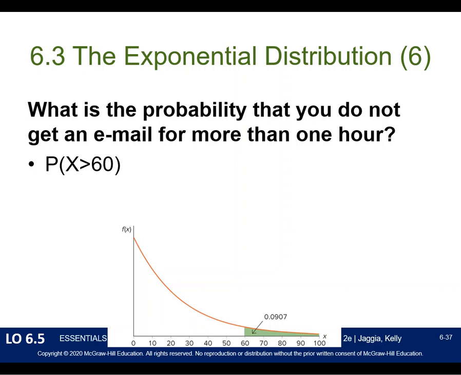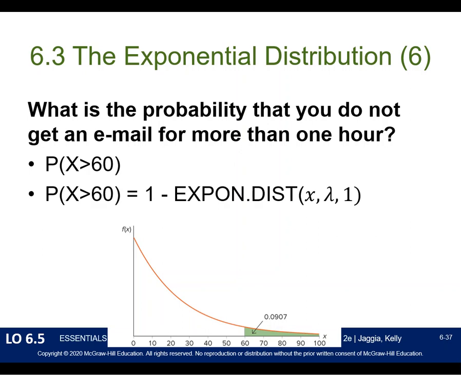So in this case, we've got to use that 1 minus sign. So we're going to enter our formula as 1 minus EXPON.DIST. And then our terms are X, what we're looking for, in this case 60, lambda, which we just calculated to be 0.04, and then 1 because it is cumulative.